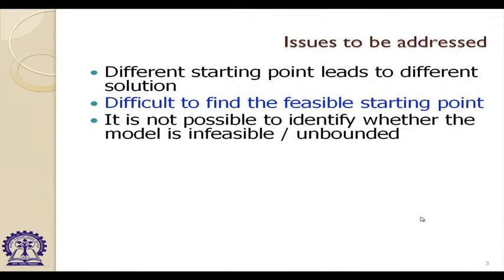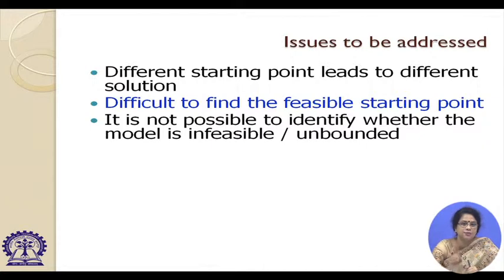Now, in linear programming you must have learned that there are certain symptoms in the simplex algorithm where you could decide that the problem does not have a feasible solution at all, or the solution space is unbounded in nature. But for the nonlinear programming problem, it is very difficult to identify whether the problem has a feasible solution or not, or whether the feasible space is unbounded or not.